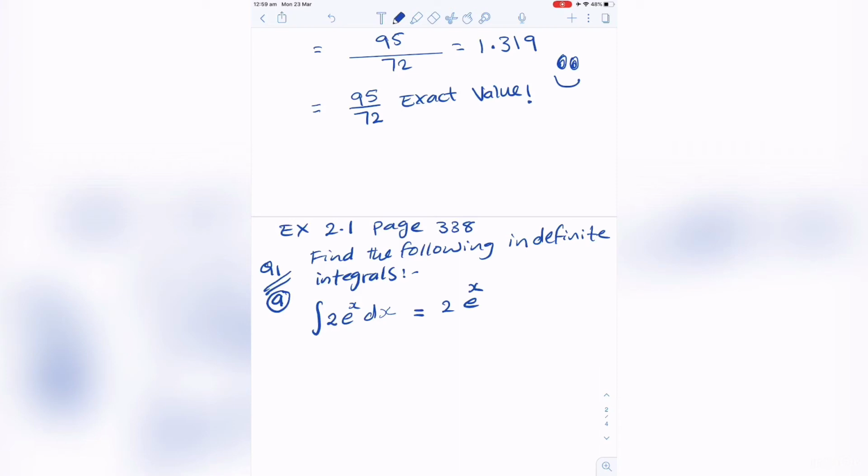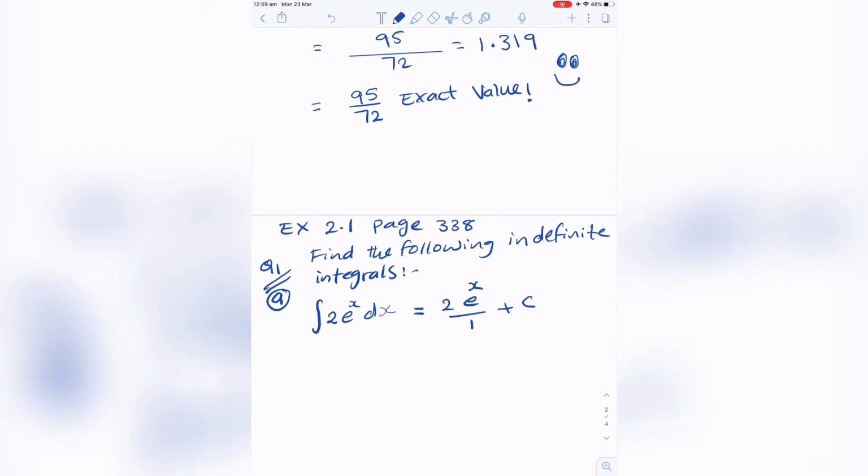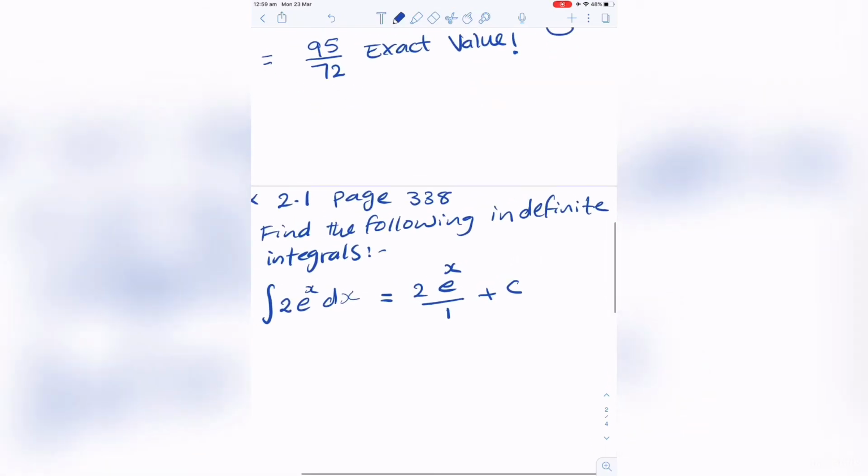Well, derivative of x is 1, we don't need to write divided by 1, but I'm just showing you, plus c, because there is no limit, so you have to write the c. Yes? So that's 2e to the power x plus c. Happy? I hope so.